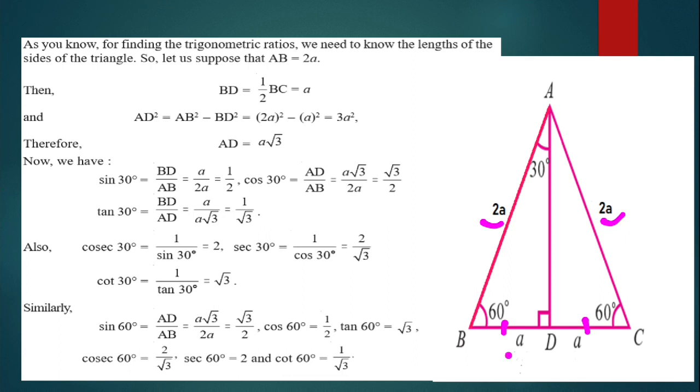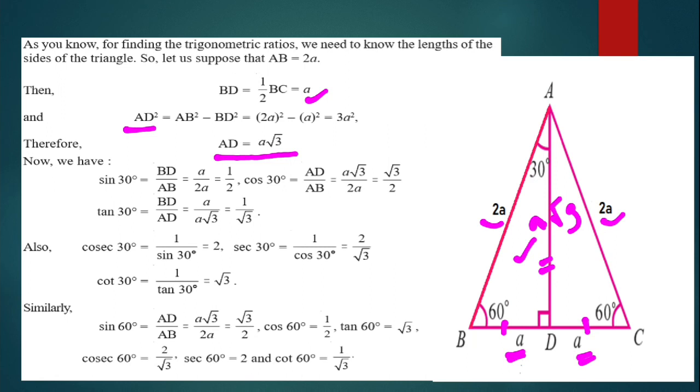That means BD length will be A and CD length is also A. Now if you look at triangle ADB, this is a right angle triangle whose AB side is 2A and BD side is A. So by Pythagoras theorem you can find the length of AD. If you use Pythagoras theorem, you can see that the value of AD will be A root 3.